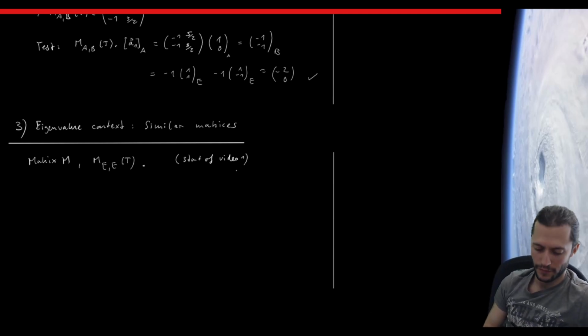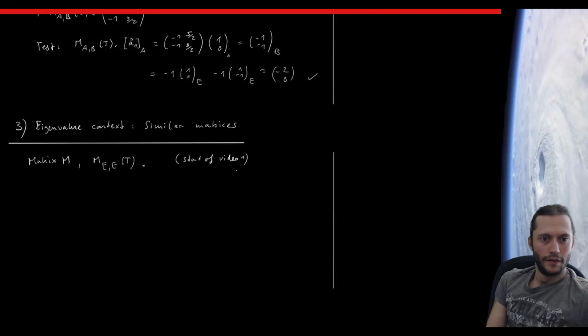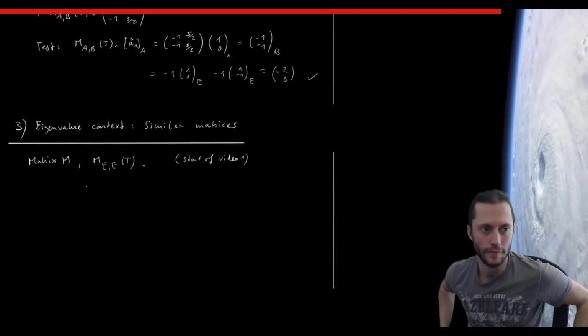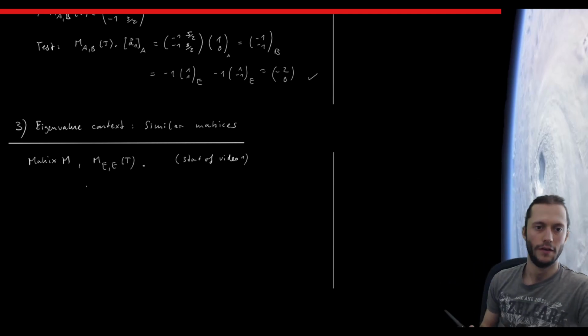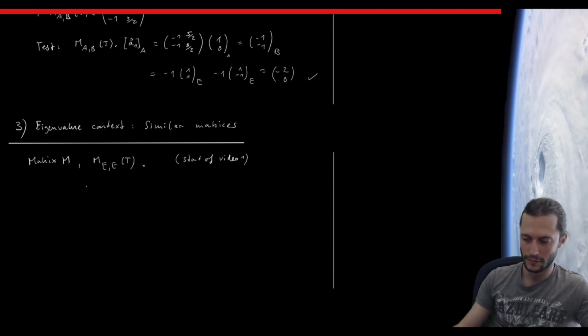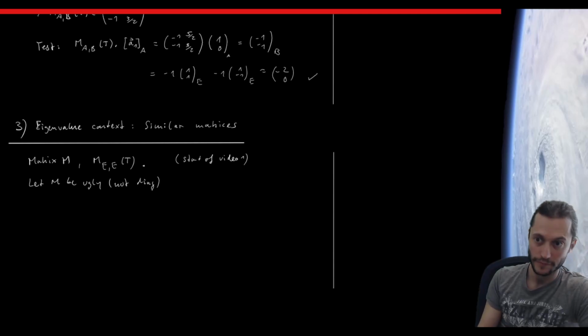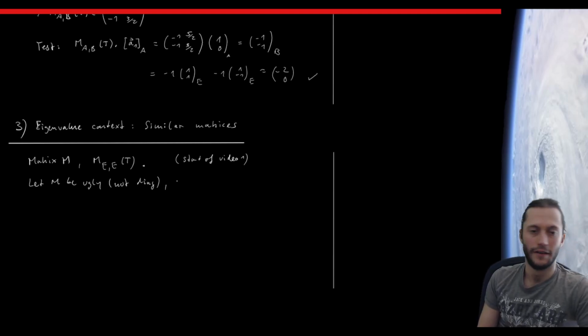And then we said, well, this matrix M_EE is usually not very nice, especially not diagonal. And we check if it's diagonal. So for our context, let's say let M be ugly, that is, not diagonal. But let it also be diagonalizable.